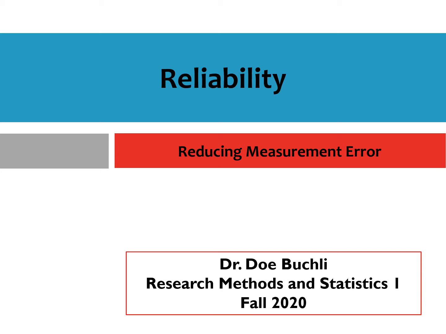So what are we going to talk about in this video? Well, we are going to talk about ways to reduce or eliminate measurement error and therefore attempt to have an obtained score that better approximates the true score. So let's go ahead and jump right into it.